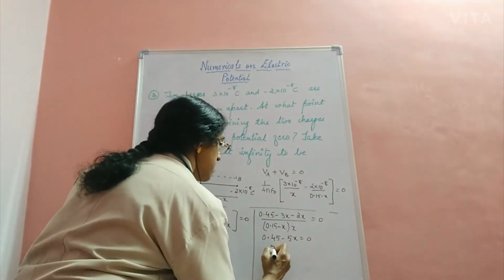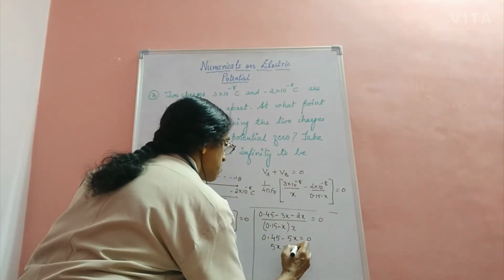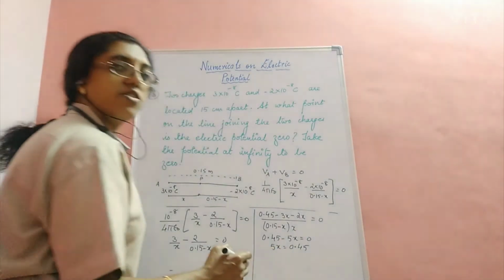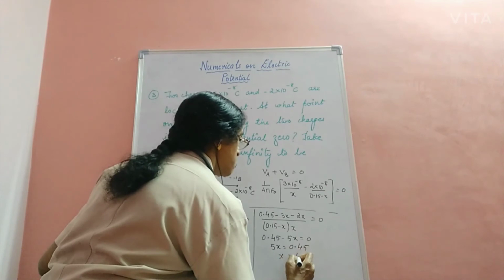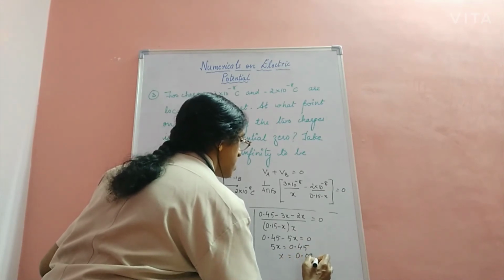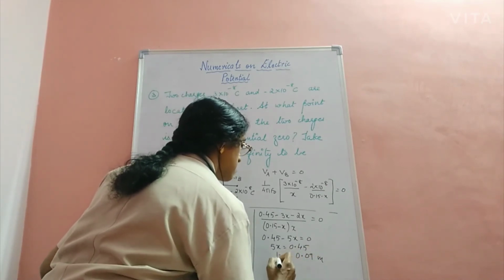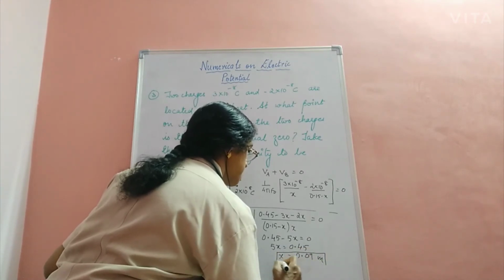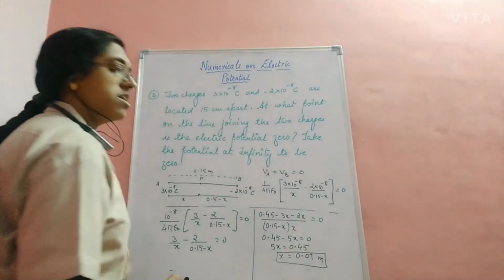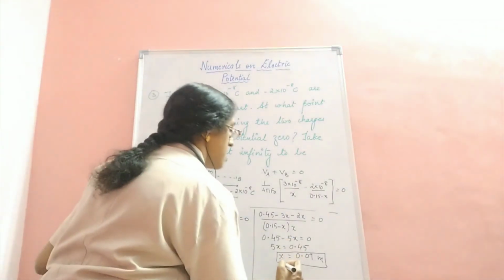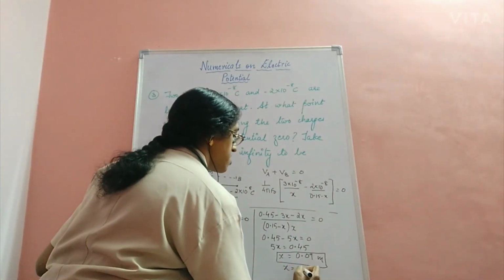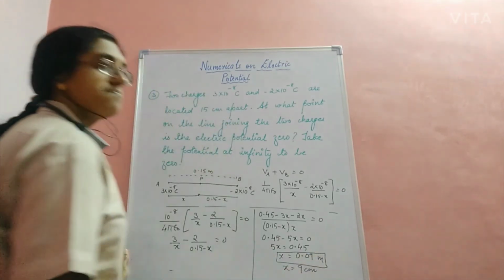That is, 5x is equal to 0.45, right? Or x is equal to 0.09 meters, which means x is equal to 9 centimeter.